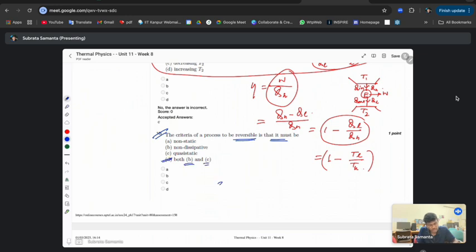So what do you mean by quasi-static? When you change from one state to another, equilibrium should be maintained.